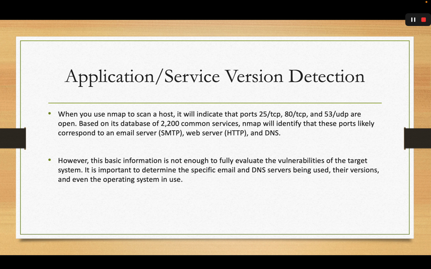The application name: is this host using Apache HTTPD or Solaris? What version number or host name? What type of device, is it a printer or router? And which operating system family is this, Windows or Linux?